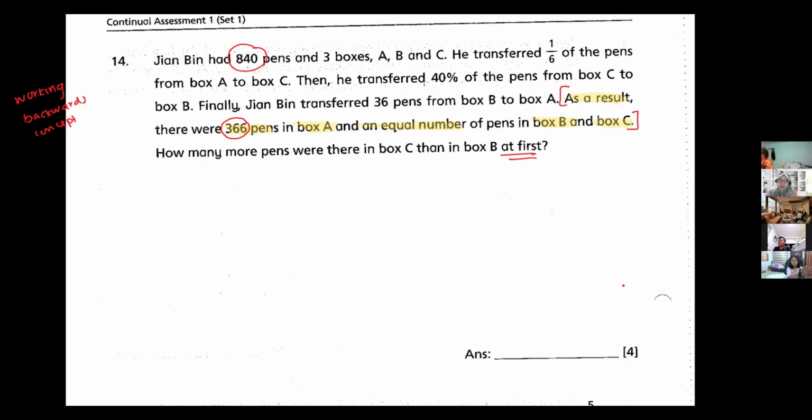How many pens have I used? So I need to find the difference. This is what I'm going to do first.